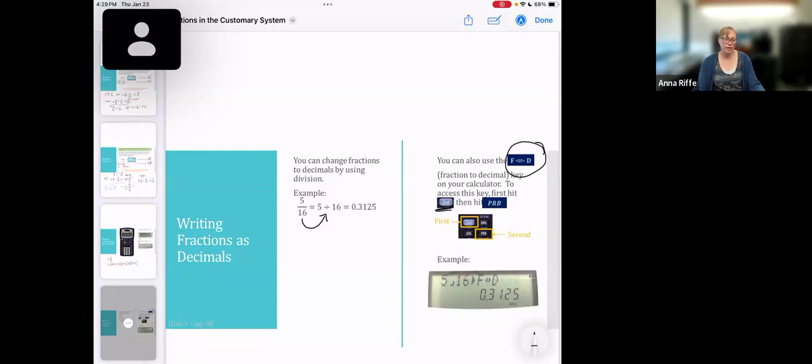So you can use that whenever you have your calculator. I do recommend that you know how to change fractions to decimals in this form, because any calculator can do this. Doesn't matter how simple the calculator is. The right-hand one takes a specific button on your calculator. Questions on that?